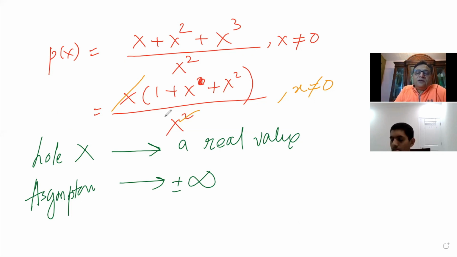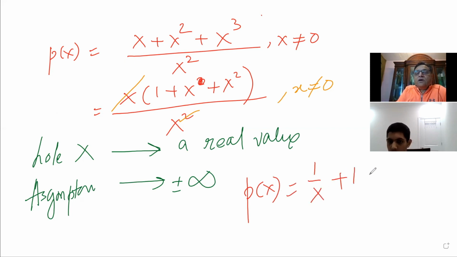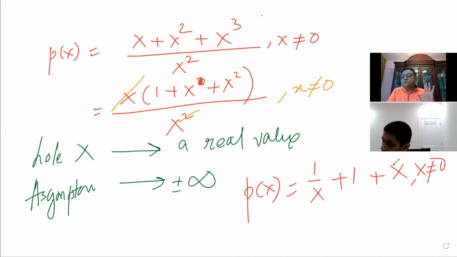So in this particular case, you can now write the function p of x as: x and x cancel, so we have 1 over x plus 1 plus x. Is that okay? And definitely x is not equal to 0. It has a vertical asymptote for sure. Now, we know that it has an oblique asymptote also. Can you tell me the equation of the oblique asymptote?